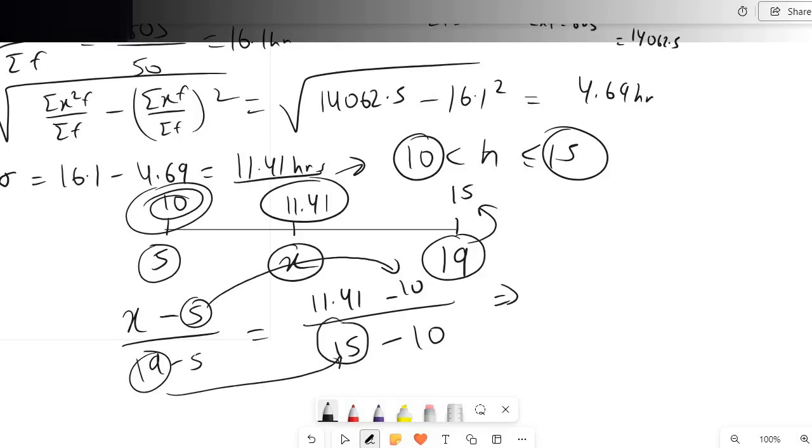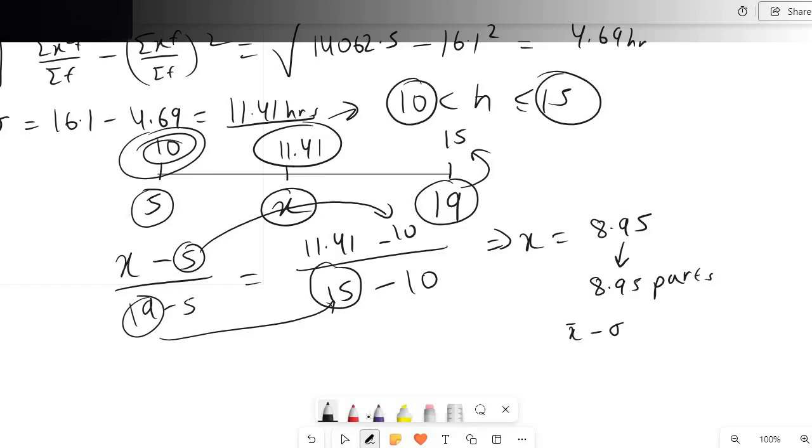And solving this equation gives us a value of x being 8.95, meaning that there are only 8.95 parts, or the cumulative frequency if you remember, that have a lifetime of 1 standard deviation below the mean. And now let's calculate the number of parts that have a lifetime greater than 1 standard deviation below the mean.